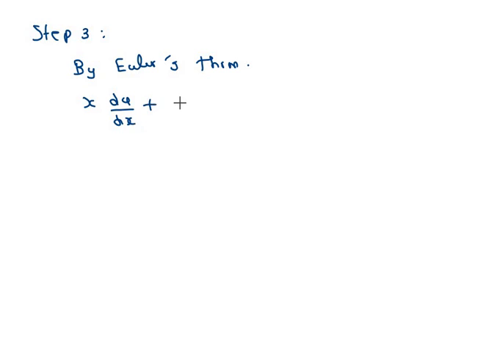So step 3, by Euler's theorem, x dou u by dou x plus y dou u by dou y plus z dou u by dou z is equal to n into u, where n is equal to 0 here, 0 into u, 0.